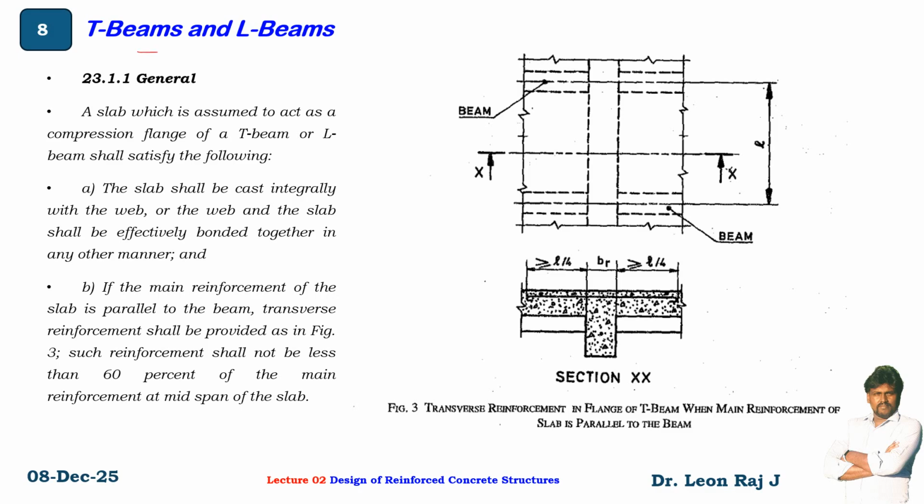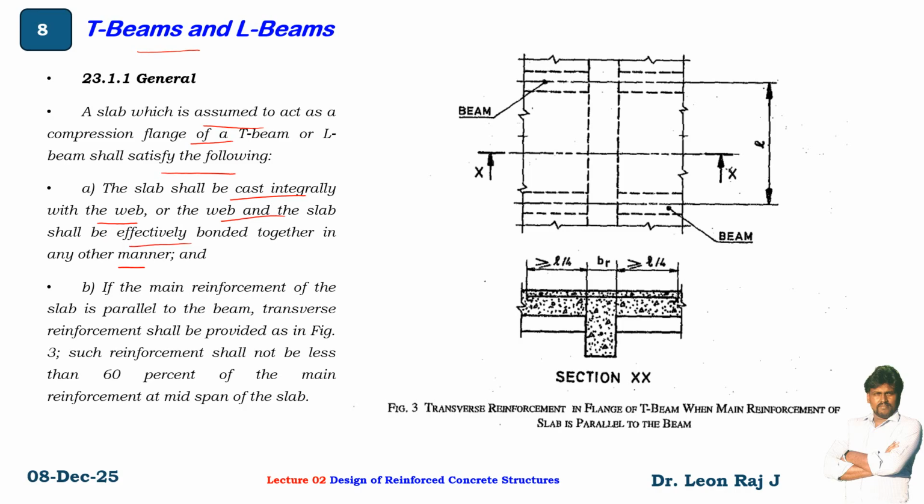For T-beams and L-beams, a slab which is assumed to act as a compression flange of a T-beam or L-beam shall satisfy the following. The slab shall be cast integrally with the web, or the web and the slab shall be efficiently bonded together in any other manner.